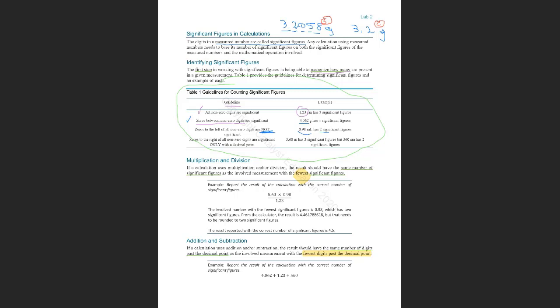Here, they write the example 0.98, and they say it has 2. But what happens if I give you, which seems to bring confusion, 0.098? How many sig figs does this number have?